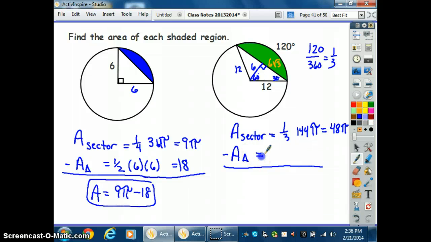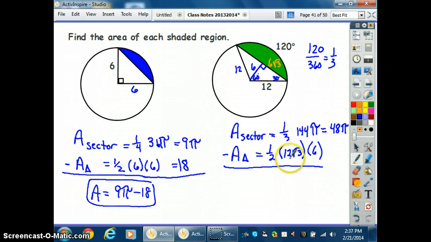Okay, so now we're going to find the area of the triangle. That formula is 1/2 base times height. The base here will be 12 radical 3, 6 radical 3 and 6 radical 3. And the height of the triangle is 6.